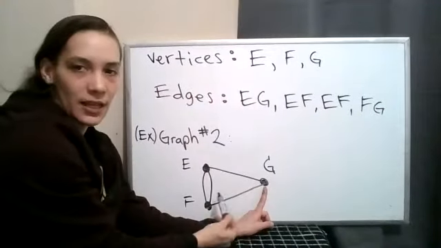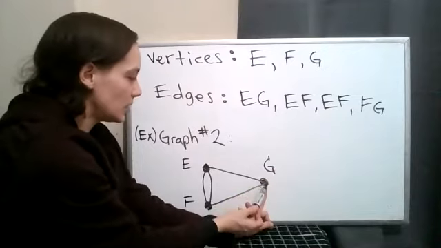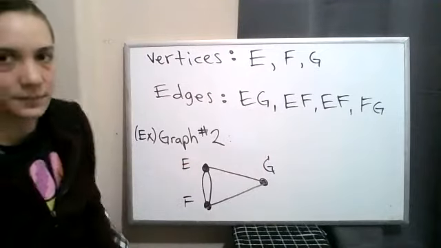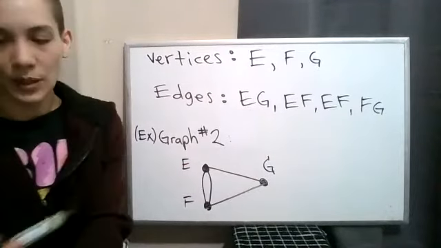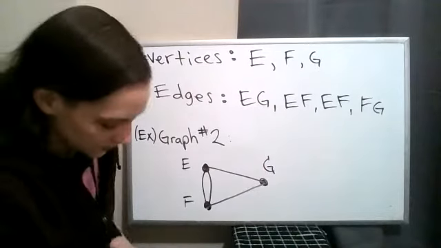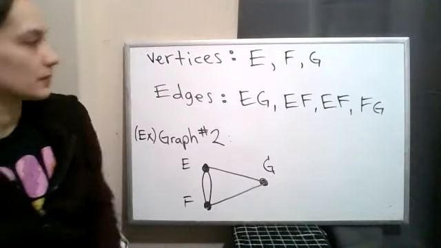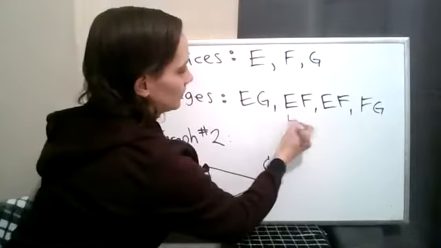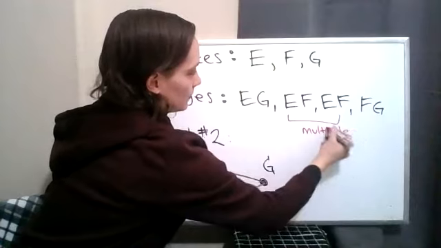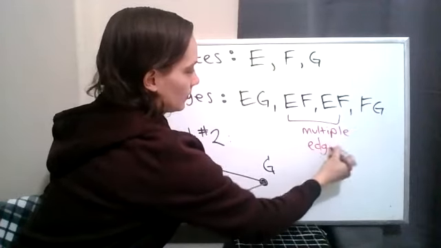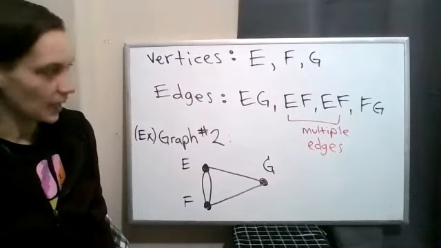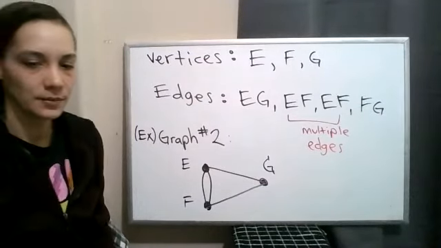And just checking, GF, got it at the end. GE is at the beginning. And we're good. Back to where we started. Okay, so just pointing out that EF, EF, those are multiple edges.